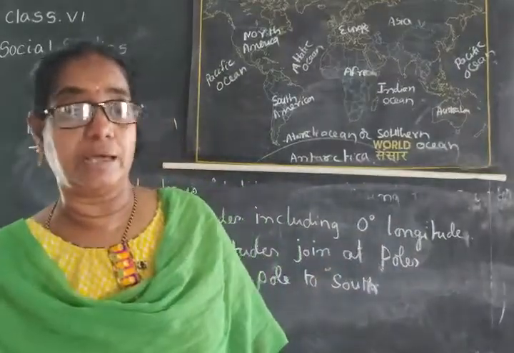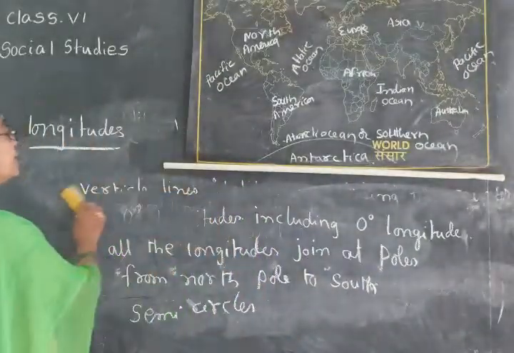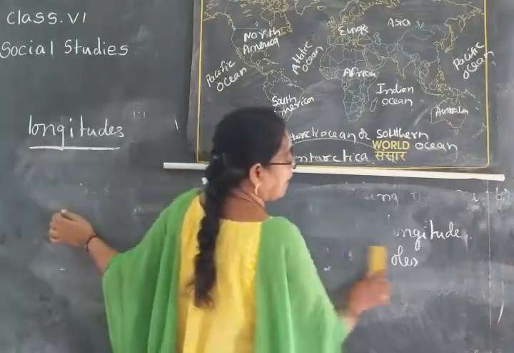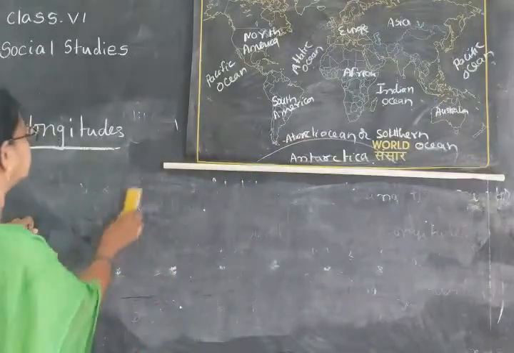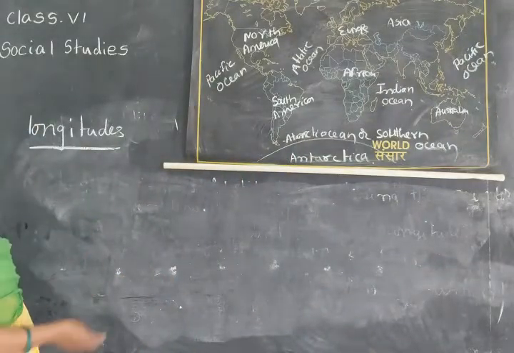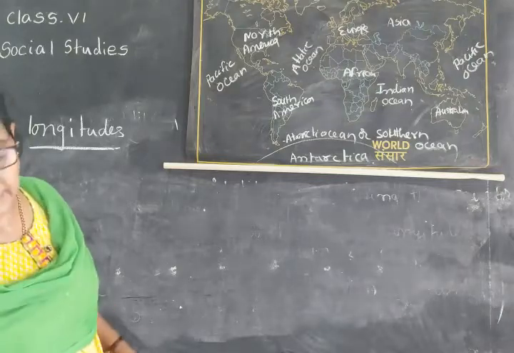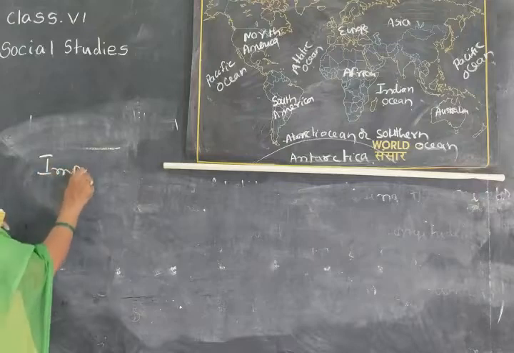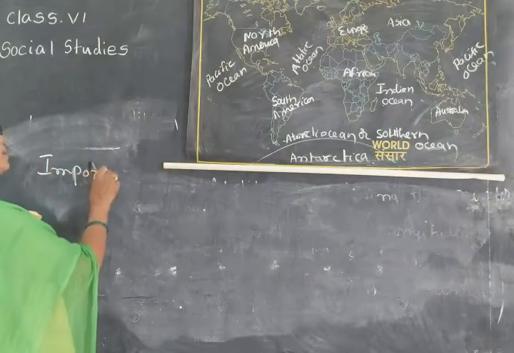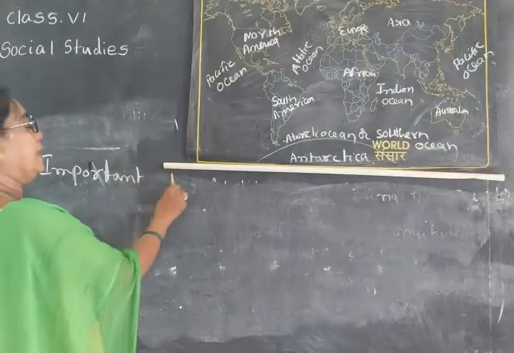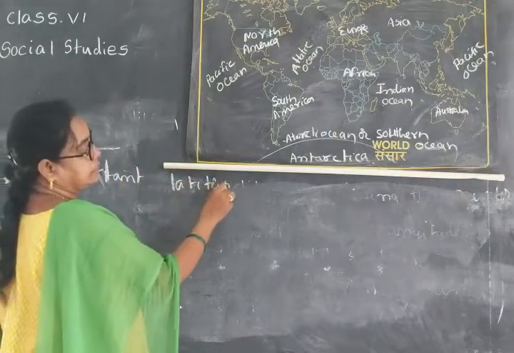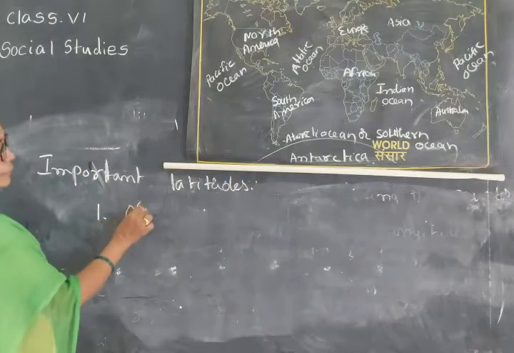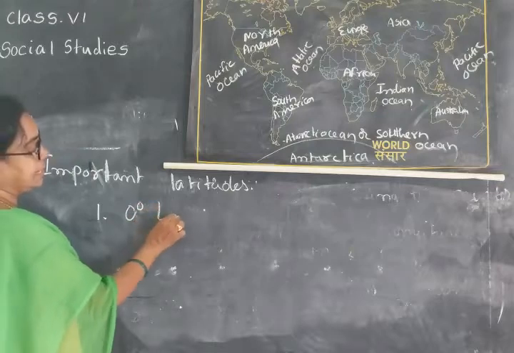So what are the important longitudes and latitudes? If you observe the globe and the horizontal lines, among them we can write the five important latitudes. First one is 0 degree latitude.